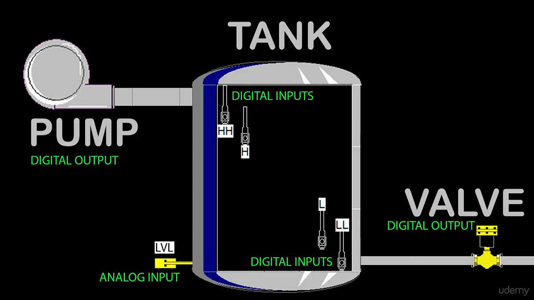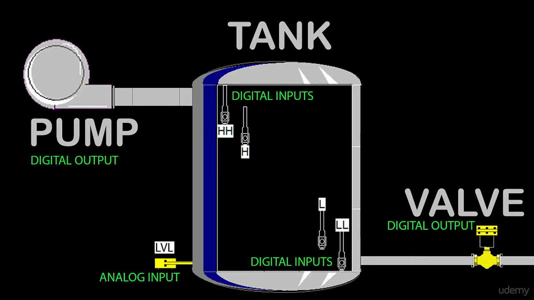Then we have a pump, which is going to pump into this tank to fill it up. And we have a valve, which we're going to open and close. We're going to open this valve to drain the tank down. What we want to do in the most practical of scenarios is open the valve and disable the pump to drain it down to low.